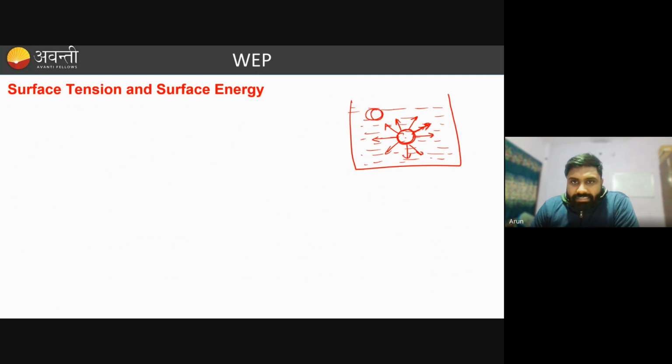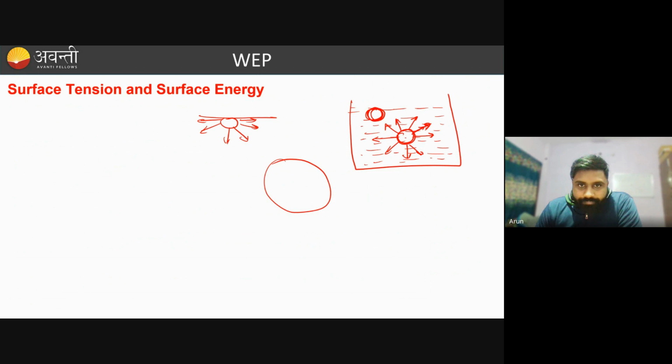But if you consider the molecule present at the surface, downwards there is a force, but there is no force to compensate it in the upward direction. If you see it in the top view and consider imaginary lines, this is the molecule and these are the forces on it.